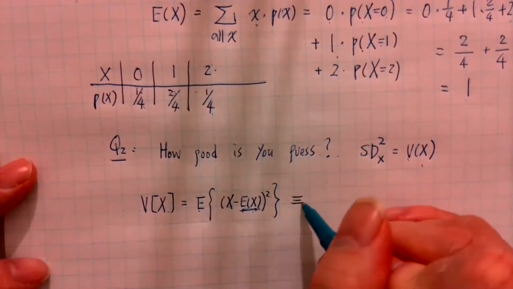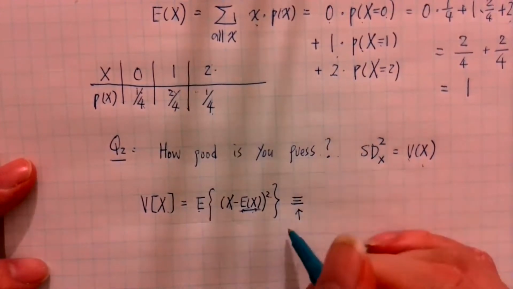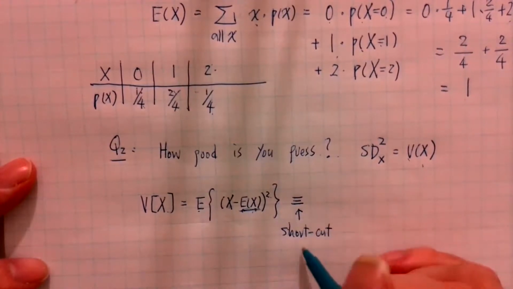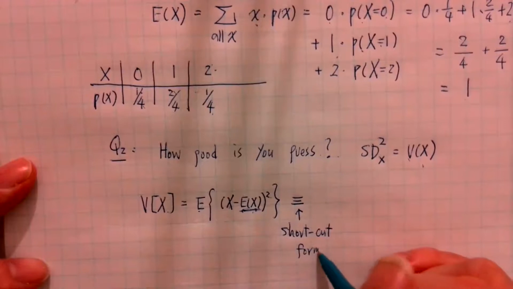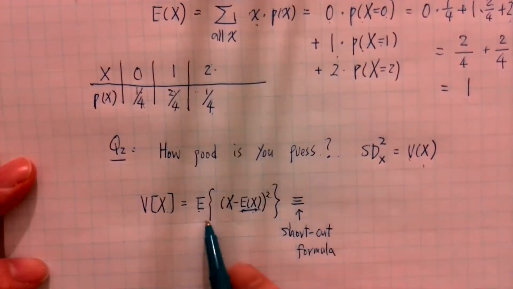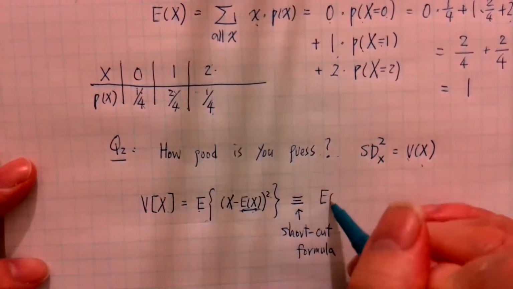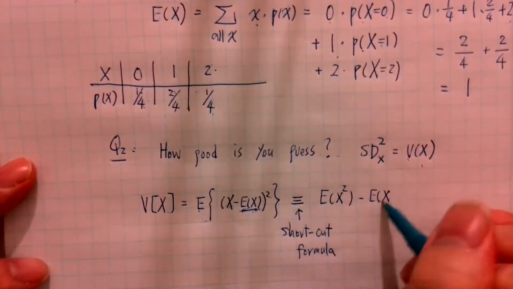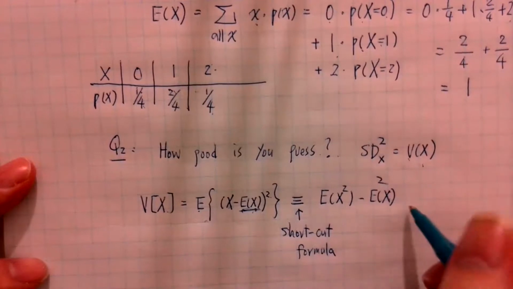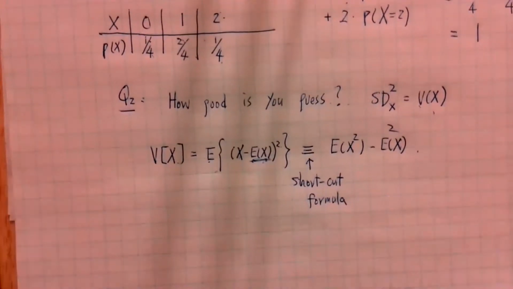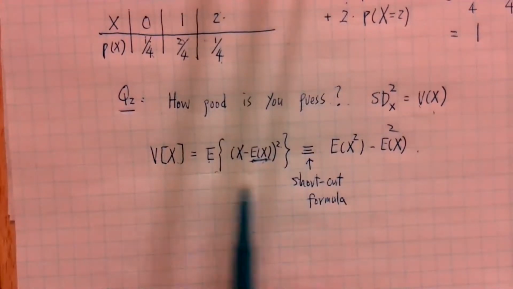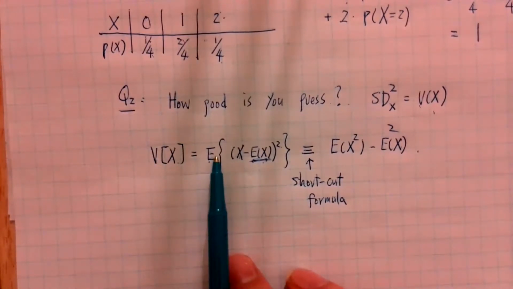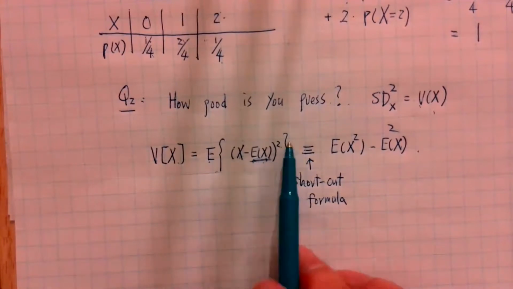And there's a computational formula. It's called the shortcut formula. This can be proved, they are equal, but I'm not going to prove it in this class. As long as you know how to use it, I'm happy. Now, the variance of x is the expected value of (x minus E(X)) squared.